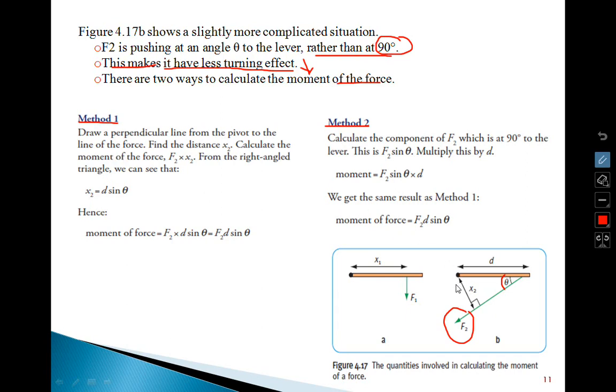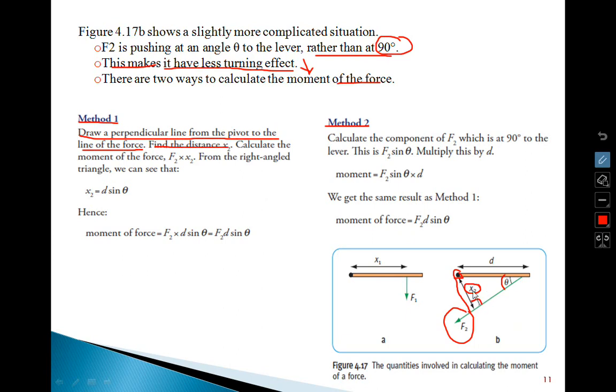This is called x2, and it makes an angle of 90 degrees with the force. So first, draw the perpendicular line from the pivot to the line of the force. Then find the distance x2.